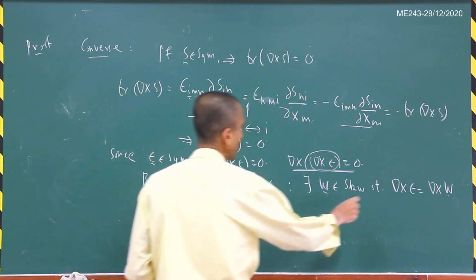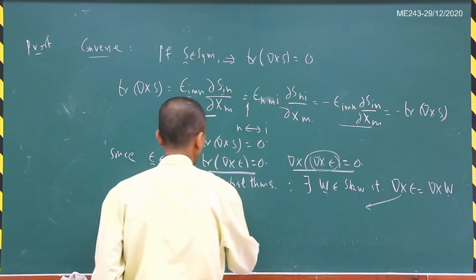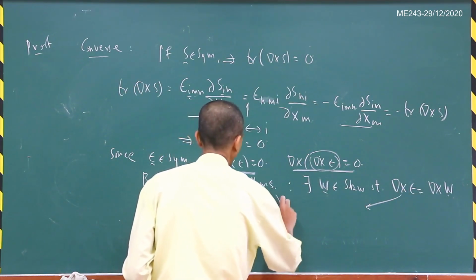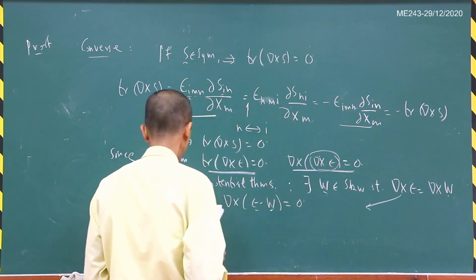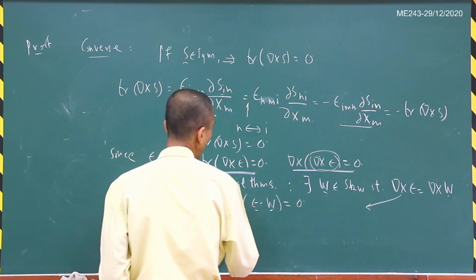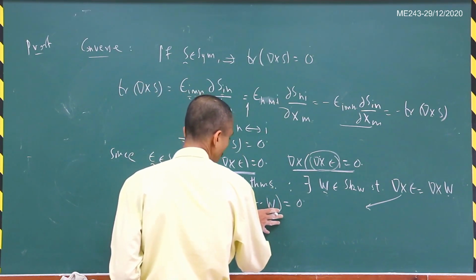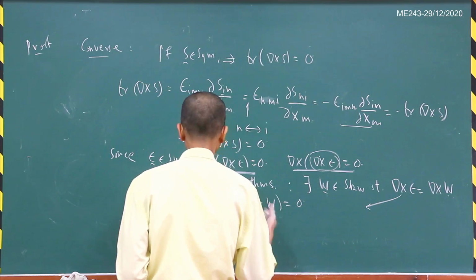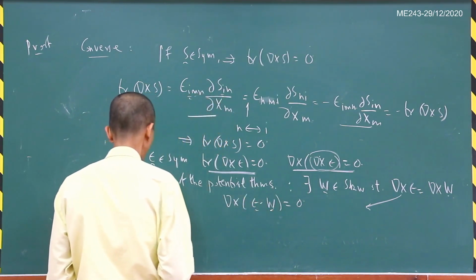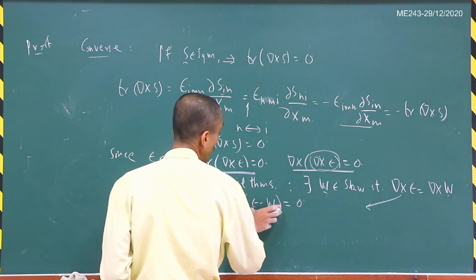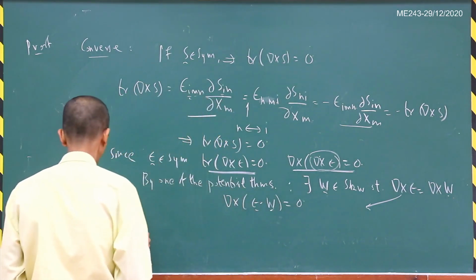So this part here can now be written as del cross (epsilon minus W) is equal to 0. And we have seen that if del cross of some second order tensor is 0, then there exists a vector field U such that epsilon minus W is equal to del U. So this we have seen now.